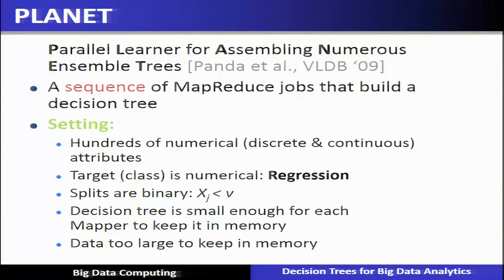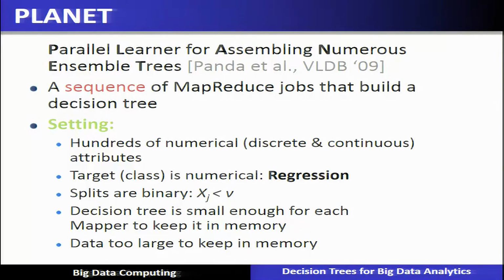Now this particular implementation of MapReduce for decision trees is published in a paper called PLANET by Google, the parallel learner for assembling numerous ensemble trees, which we are going to see here as the MapReduce implementation of a decision tree.